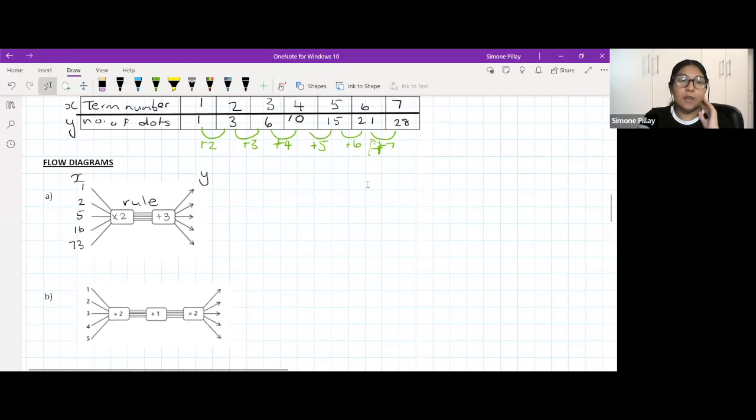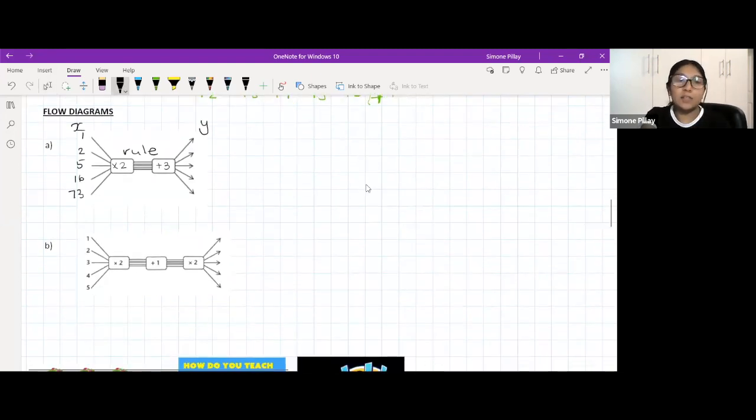Okay, moving back to our flow diagrams. I've got my inputs. Let's figure out here what my equation is. My flow diagram is telling me what I need to do to get to my output. I need to take my input value, which is x, multiply it by 2, and then add 3.